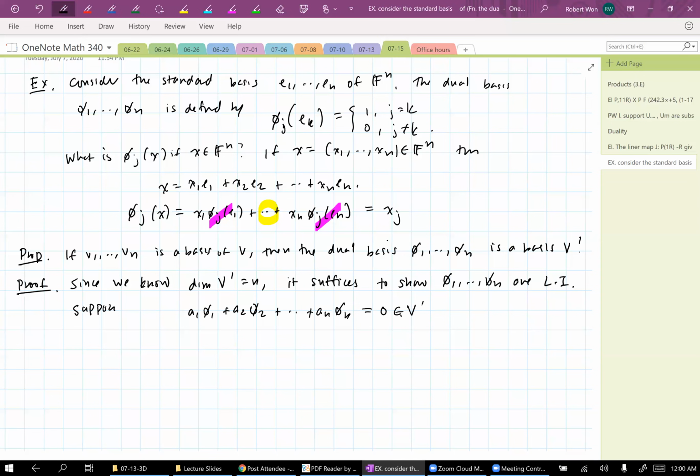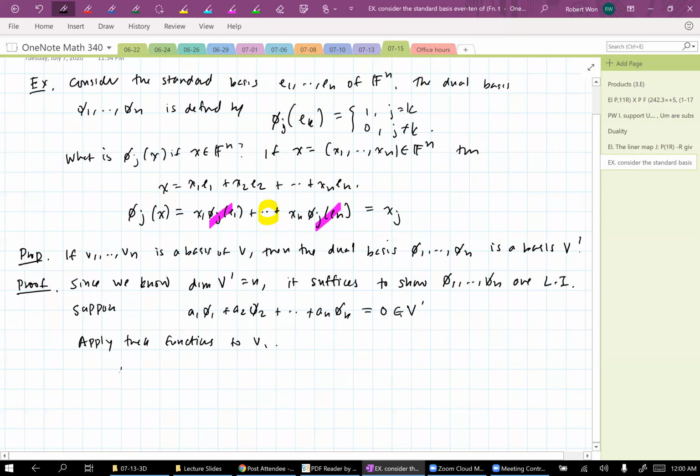Which means that I can apply the left-hand side and the right-hand side to any vector I want in V. So apply these functions to, let's just say, V1.